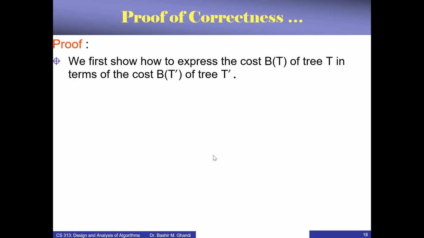So the first thing we do is to show how to express the cost of T, the cost of the bigger tree, in terms of the cost of T prime, the cost of the smaller tree.